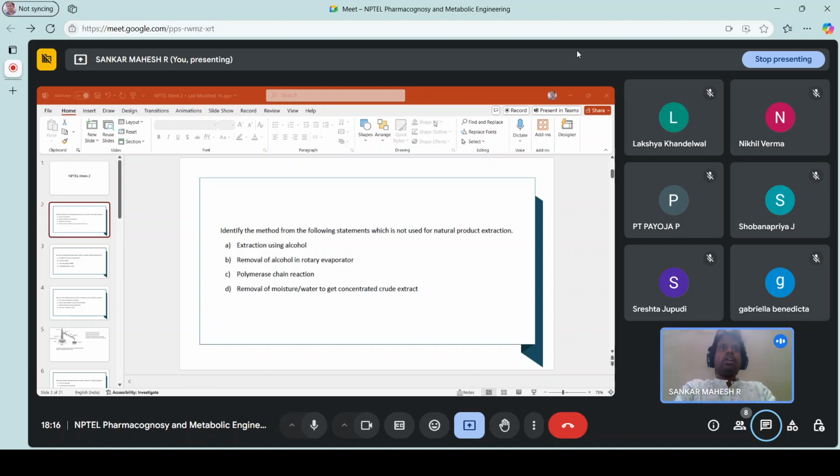Okay, good. Anyone else? Lakshya, Shobana Priya, Gabriela, Payoja. Do you want to try and tell us why the other two options, option B and option D, are not the right answer for this question?